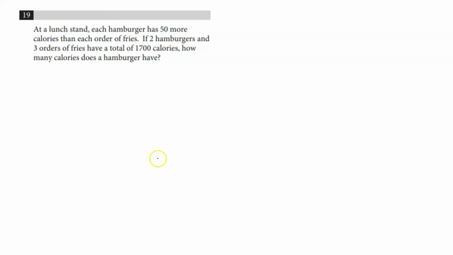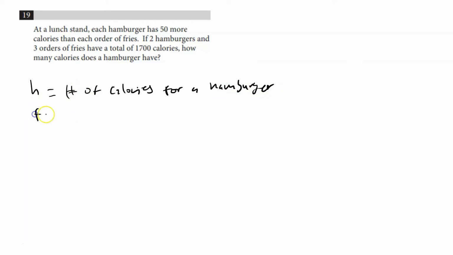We also don't have defined variables yet, so let's do that. Let's say h represents the number of calories for a hamburger, h for hamburger, and let's say f represents the number of calories for an order of fries.